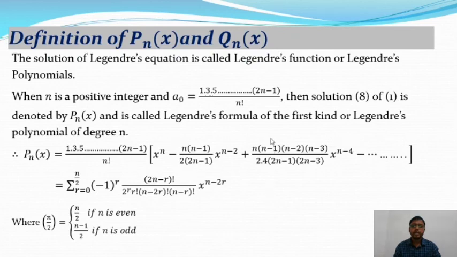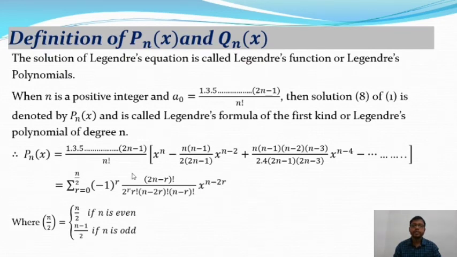This series can be written as a summation over r is equal to 0 to n by 2, of minus 1 whole to the power r into 2n minus r factorial by 2 to the power r into r factorial into n minus 2r factorial into n minus r factorial into x to the power n minus 2r.